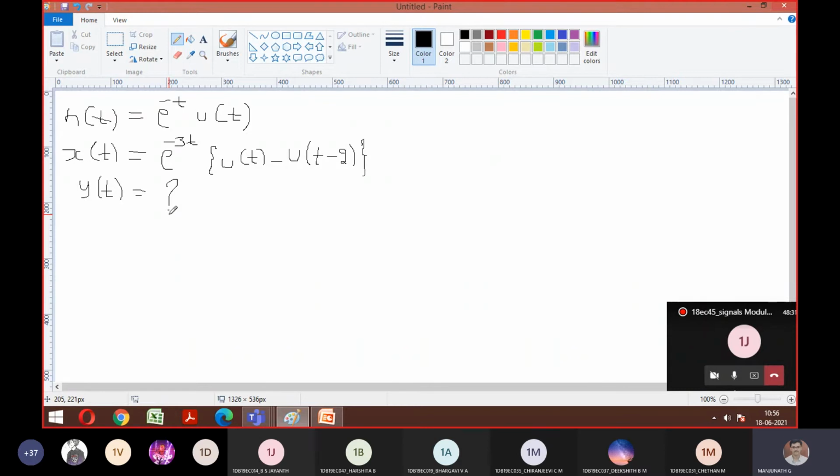But what about h of t? h of t is an exponential term, and there is no end for that. It is like in general. So now the second type of problem is one having an interval, one having infinity. So if you try to convolve these two, what can be the output is this problem.